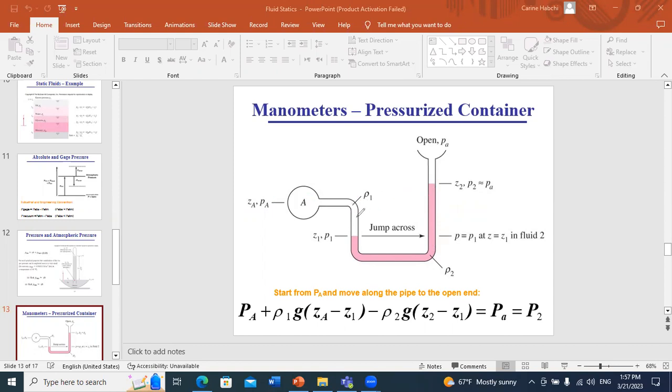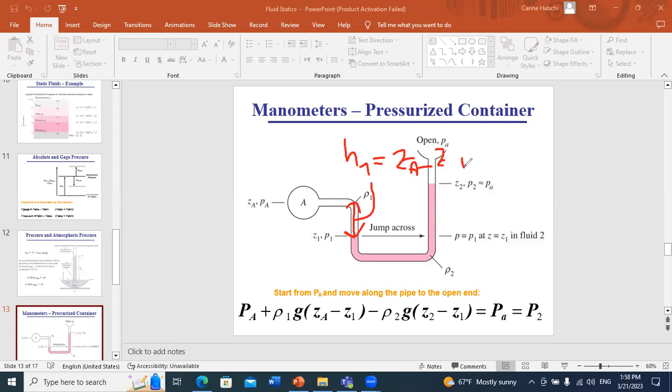First, you say, I am moving in fluid 1 downward. What is the downward distance moved? H1 is equal to the difference between ZA and Z1, which is ZA minus Z1.